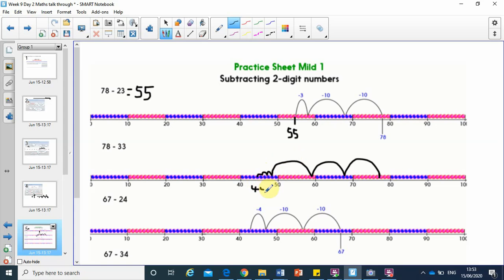And I find it easier to put my numbers on here. So that would be -3. It's a little bit tricky drawing with this pen. -10, -10, -10, -3. And again, there are further examples down there just to show that.